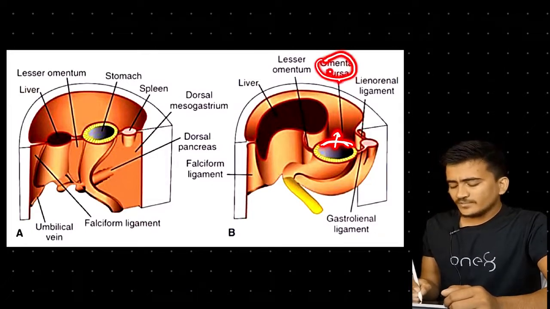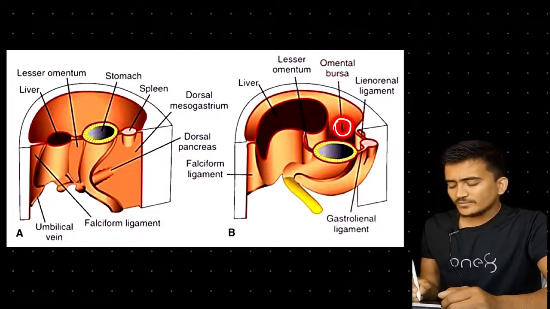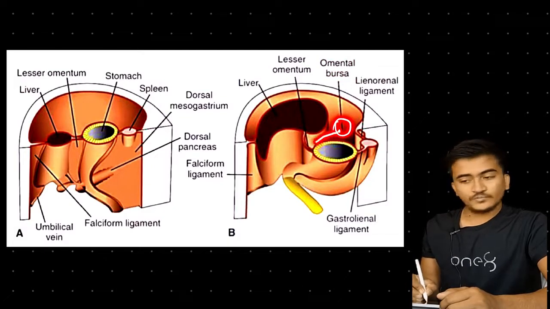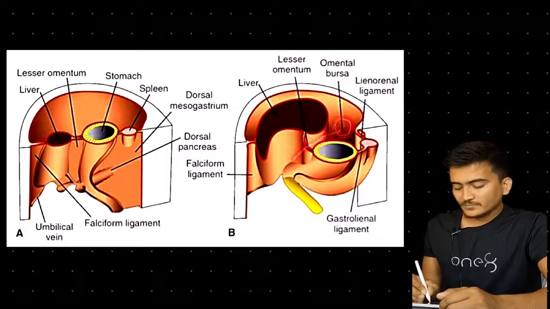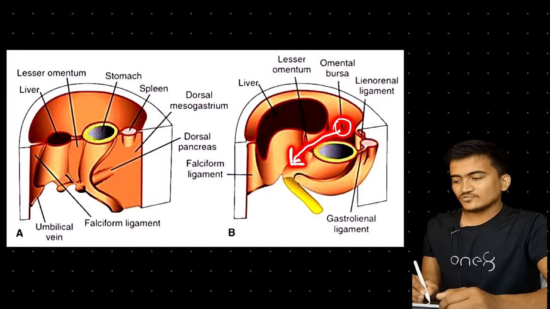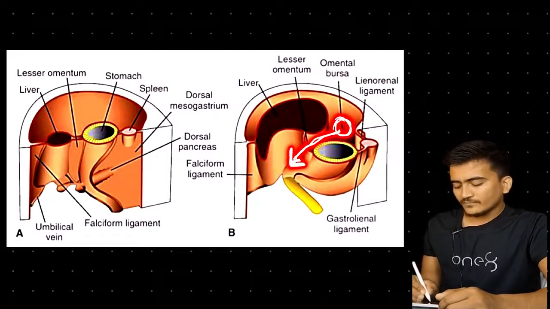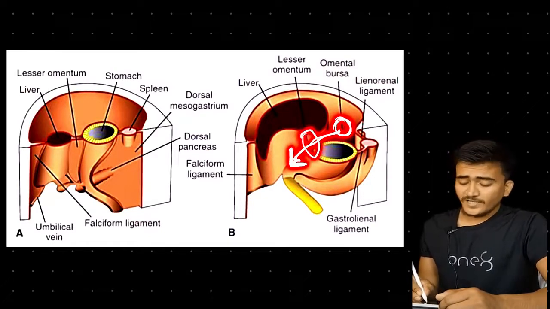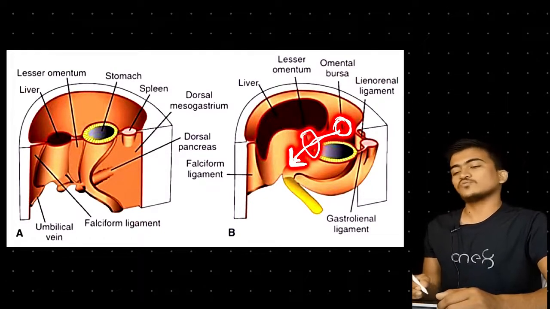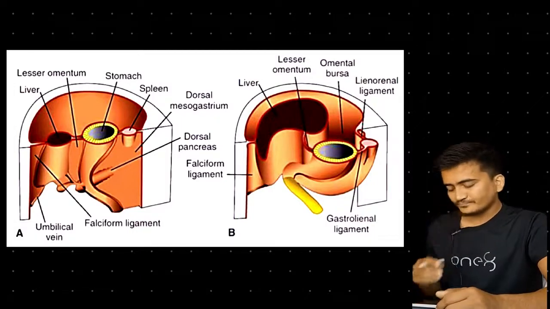And from this omental bursa we need to aspirate the gastric contents. While aspirating these gastric contents, we have to aspirate through what? This, the Epiploic Foramen of Winslow. So it is important.